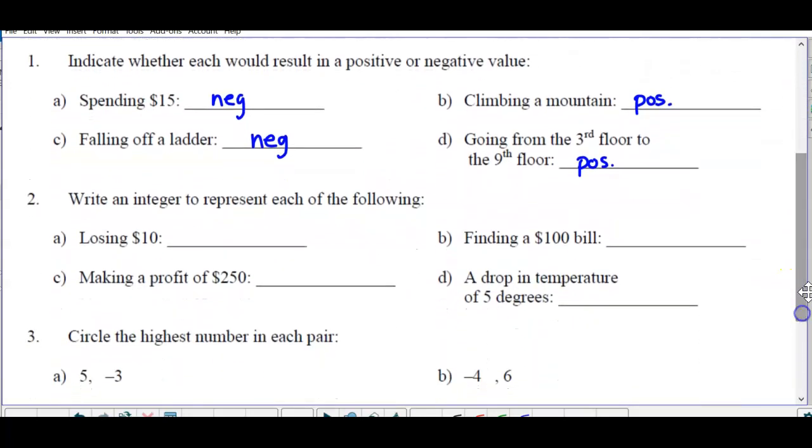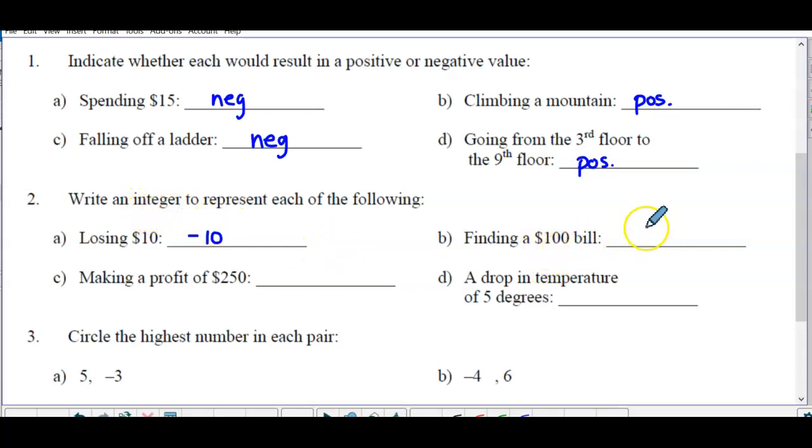Write an integer to represent each of the following. So losing $10, well, that's the opposite of spending. Or no, sorry, it's kind of similar to spending, except you don't get anything for it. So losing would be like -10. So I'm not going to include the units because it just says write an integer that represents.